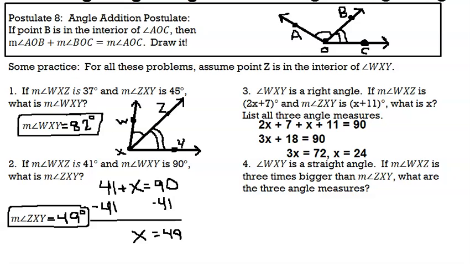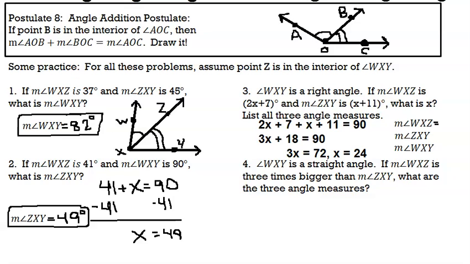It said list all 3 angle measures. So now we are expected to actually list them. Maybe on the side here would be fine. All right, so on the side here, you're going to want to write WXZ is, well, now we got to plug in that number.